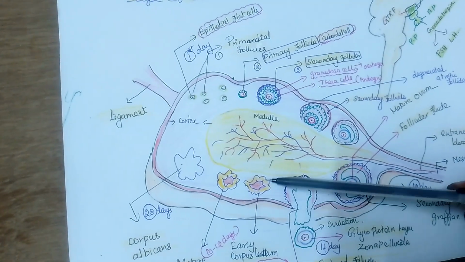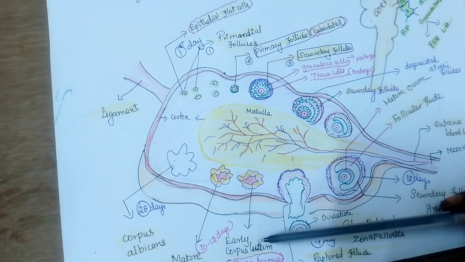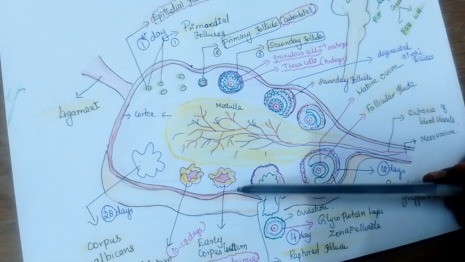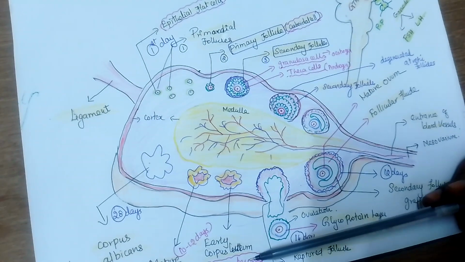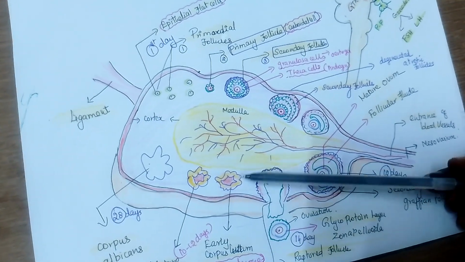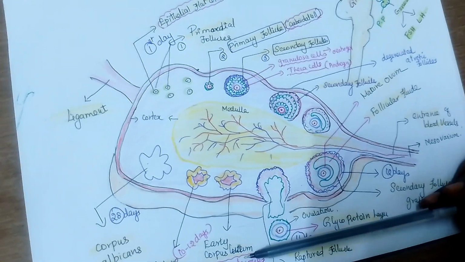Then the remaining portion, with the red color, is called the early corpus luteum. The early corpus luteum is responsible for producing the hormone called progesterone. When this progesterone hormone acts upon the uterus, it forms the endometrial thickening. You understand?